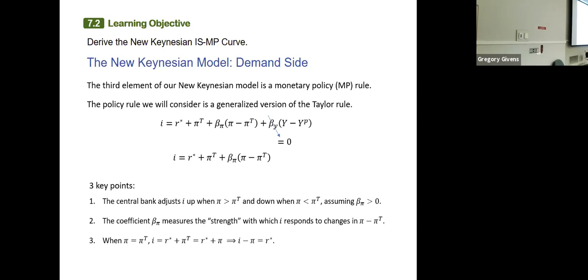So just like the IS equation is theoretically consistent, when the real rate is equal to R star, output is equal to potential. When the real rate is equal to R star in the policy rule, inflation is equal to target inflation. So all of those nice long-run equilibrium conditions are satisfied here.